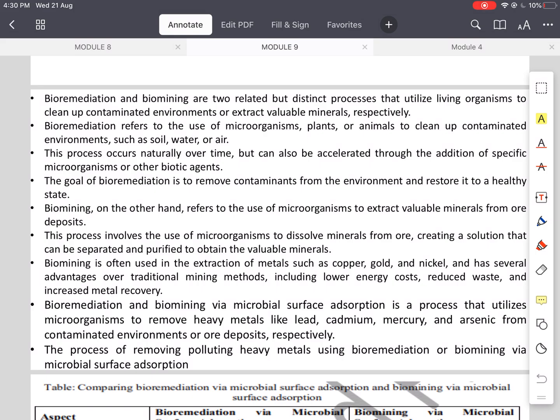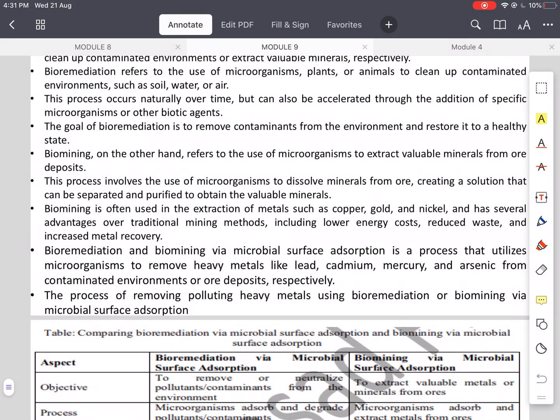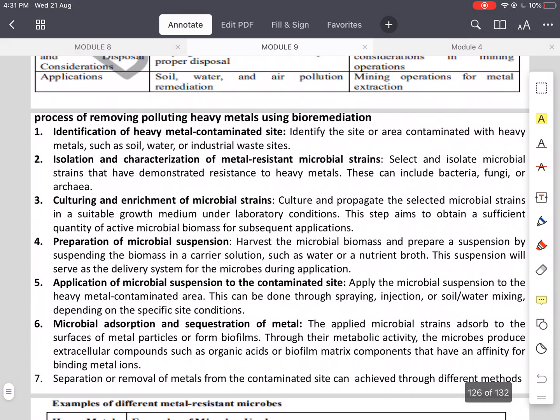Bioremediation and biomining use microbial surface adsorption. The process utilizes microorganisms to remove the heavy metals. The steps include identification of the metal or contaminant, what kind of contaminant is present and where it is present. Then isolation and characterization of the contaminant. We have to decide what kind of microorganism can be used, which strain is useful.